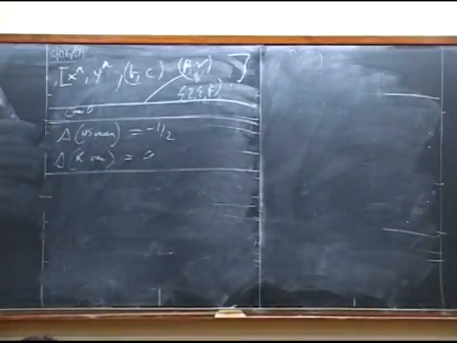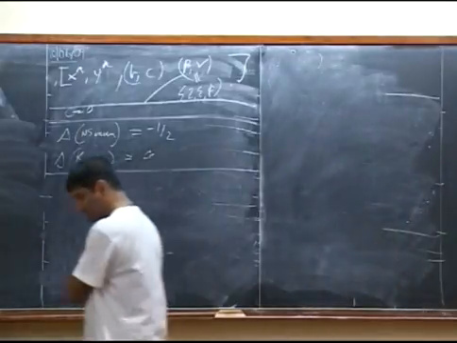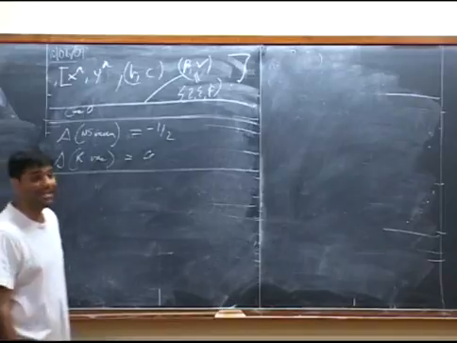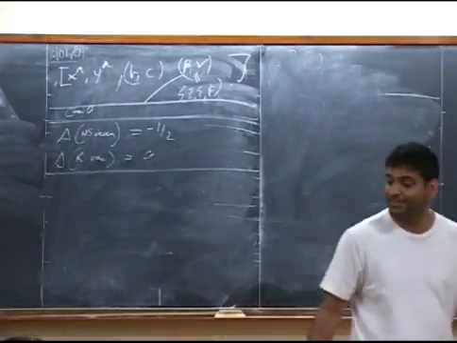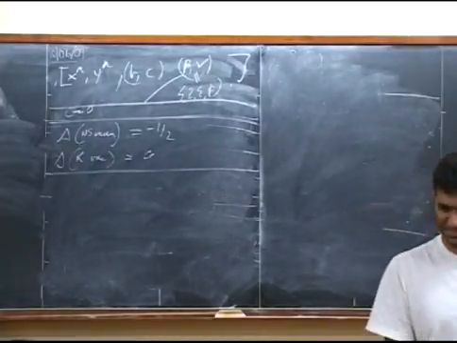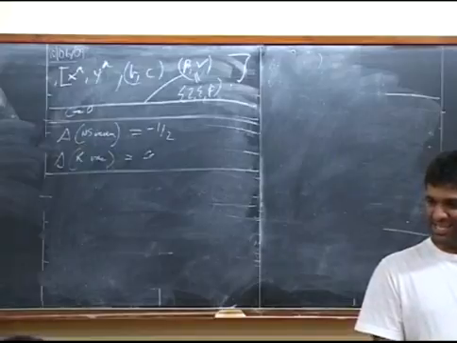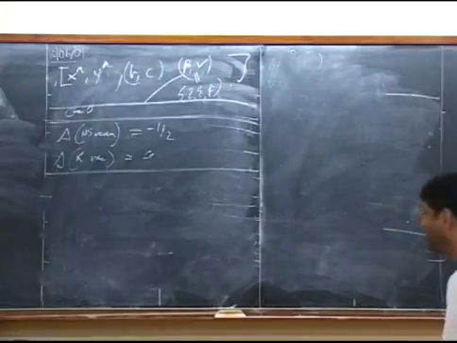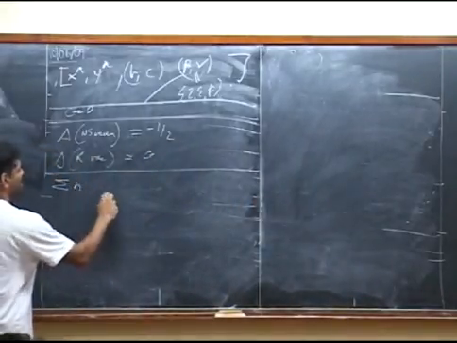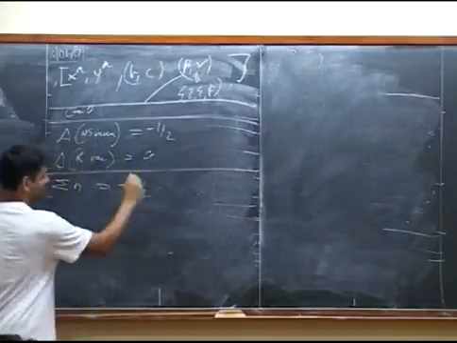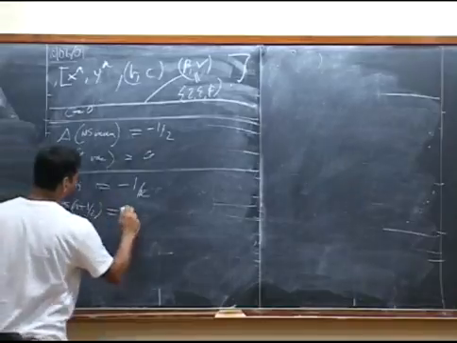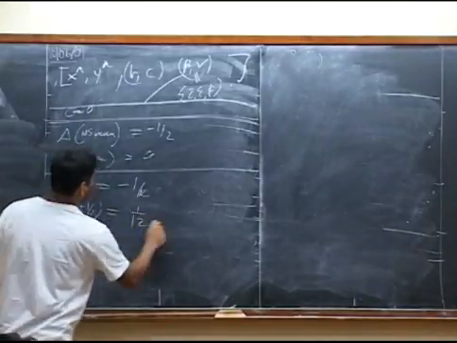Let's now confirm this by computing the vacuum energy directly in the Ramond and NS sectors. We do that using our favorite formula, namely the sum over n is equal to minus 1 by 12, and the sum over n plus a half, we worked this out 20,000 times, is equal to plus 1 by 24.